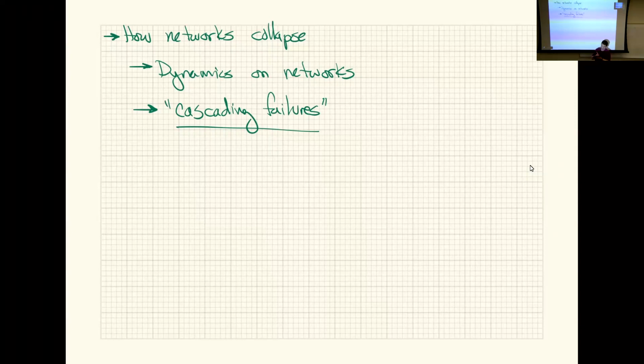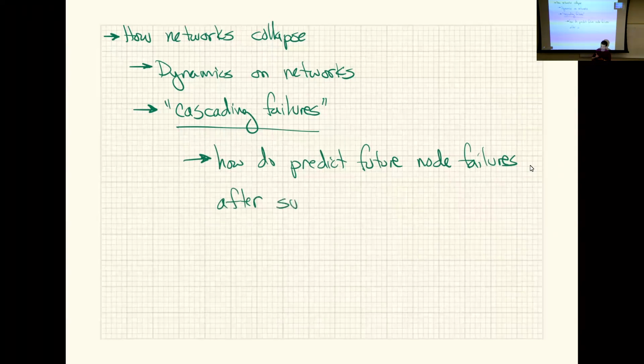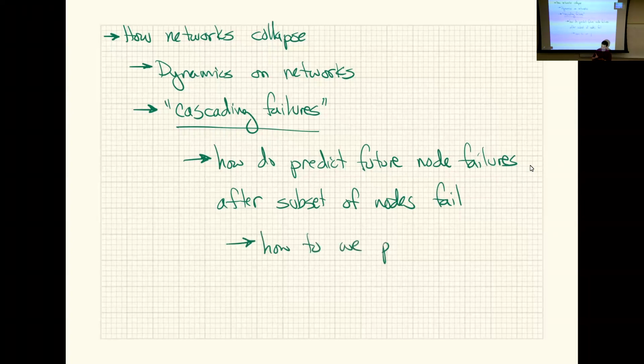So how do we predict future node failures after a subset of nodes fail? And then how do we protect against this?